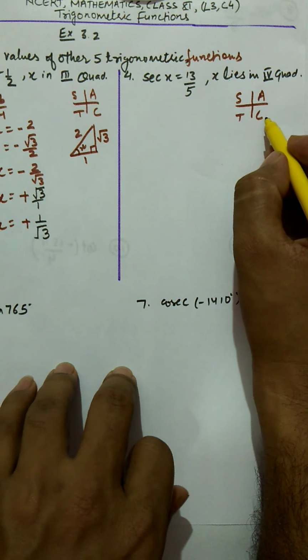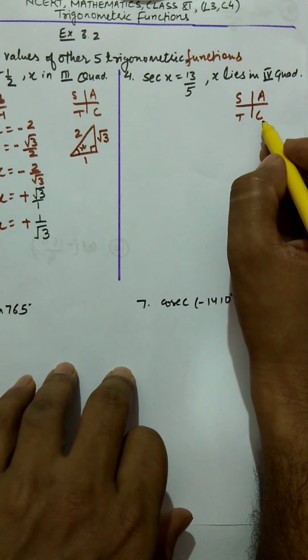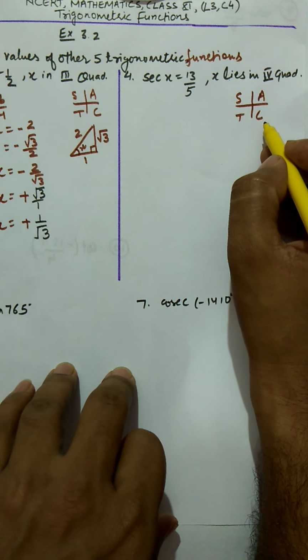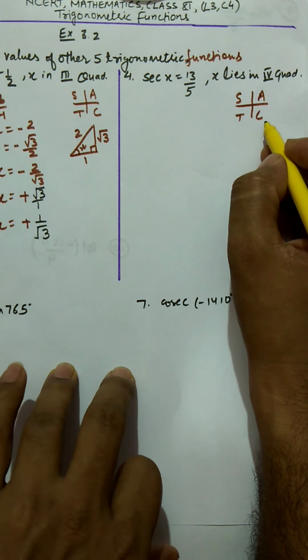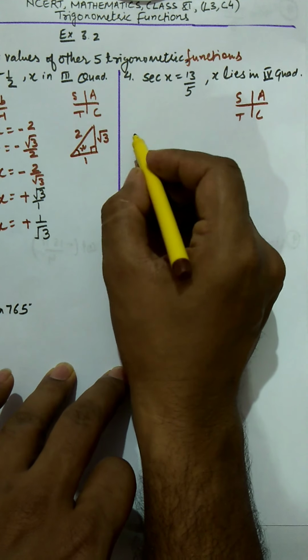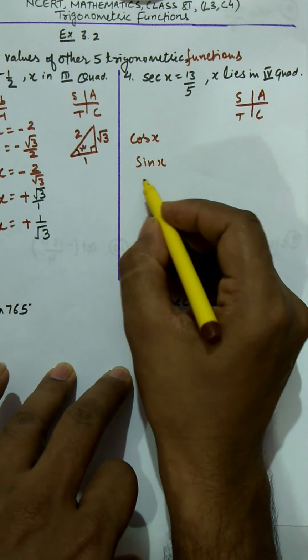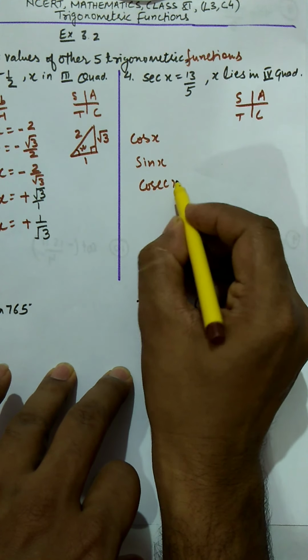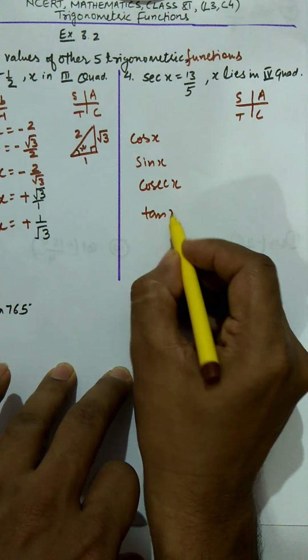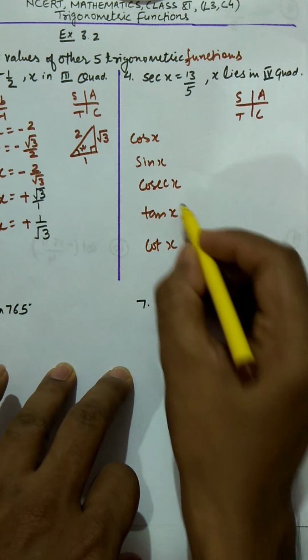First we'll write cos x, then sin x, then cosec x, then tan x, and then cot x.